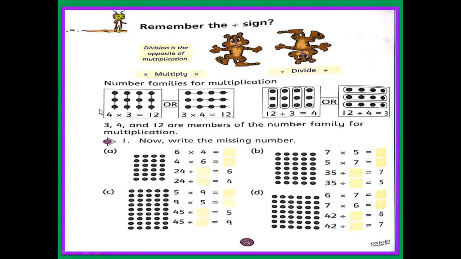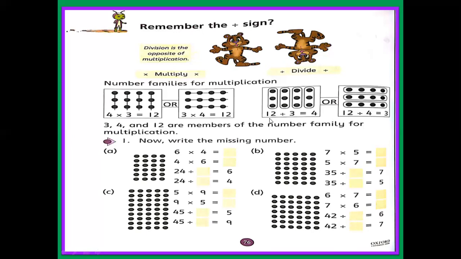Very easy. In multiplication, two numbers are given, we read the smaller number's table up to the bigger number, then we write down the answer, like 4 multiply 3. So read the table of 3 up to 4, or table of 4 up to 3, and then the answer will come.